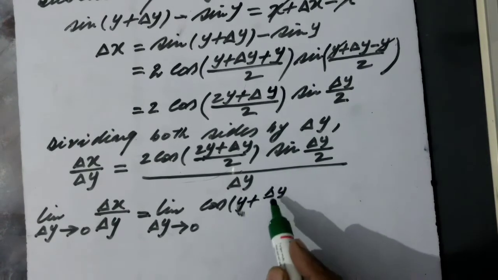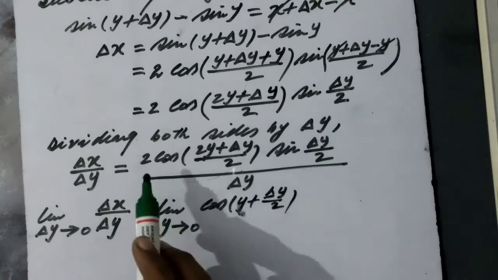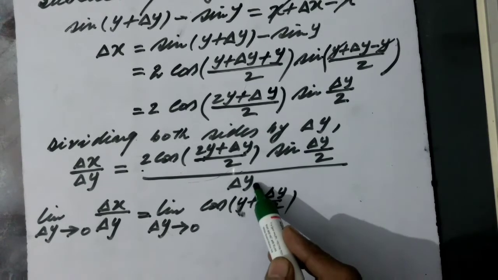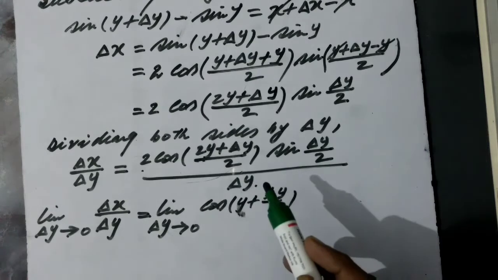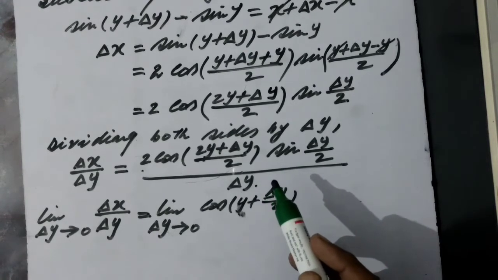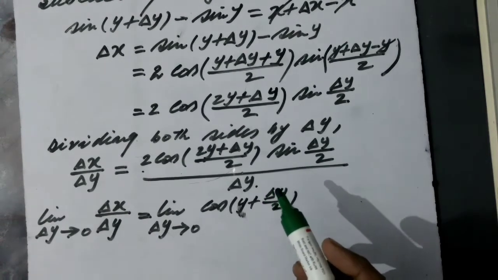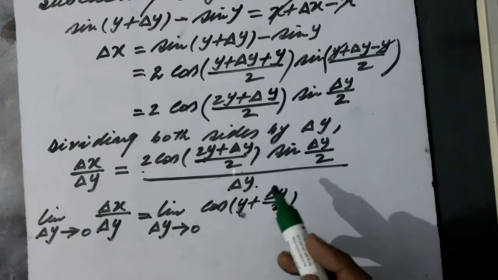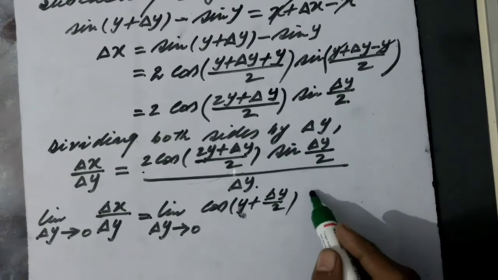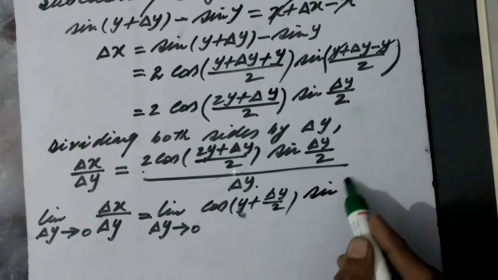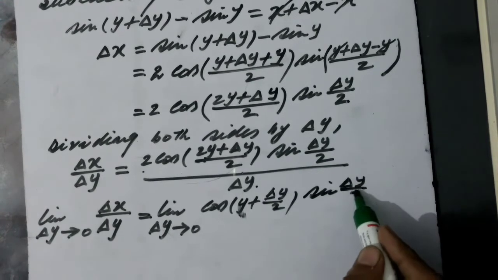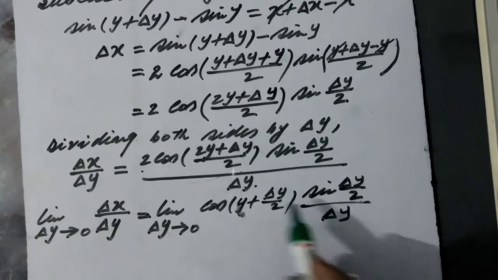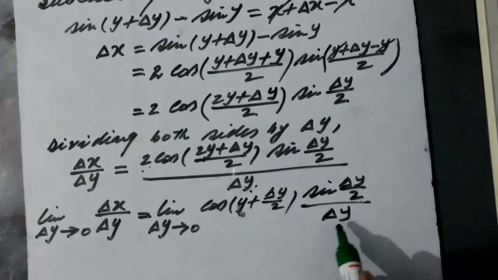So this may be written as cos of y plus delta y upon 2, and this 2 may be written in the denominator of delta y, because any term from the numerator can be written in the denominator as the denominator of denominator. So we may write it as sine delta y upon 2 divided by delta y by 2.